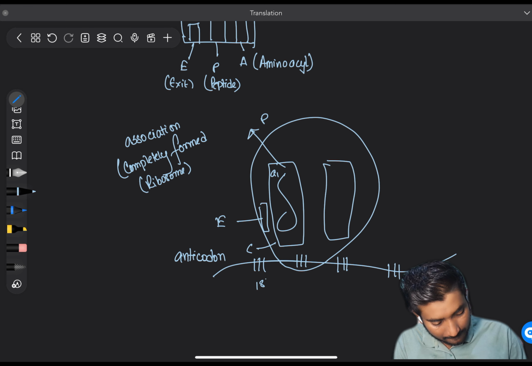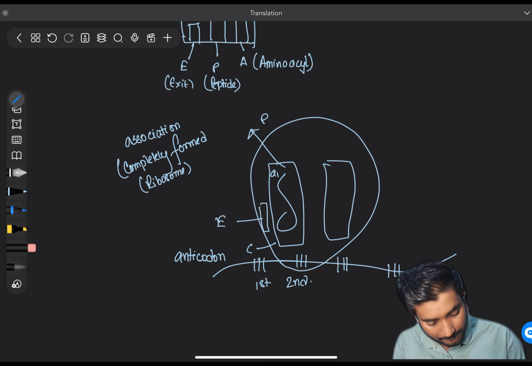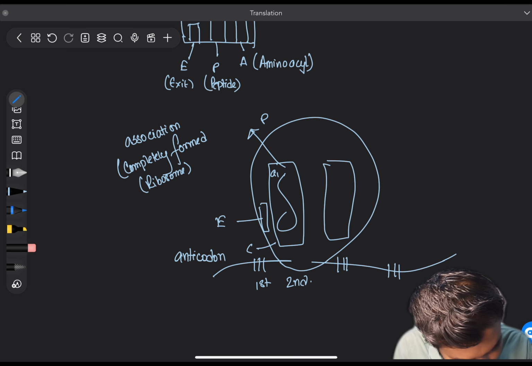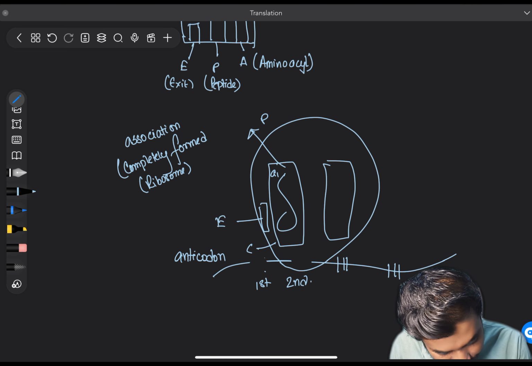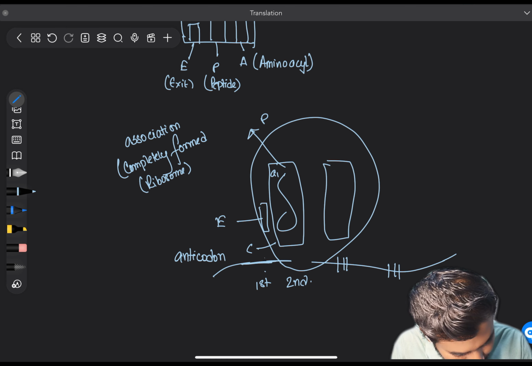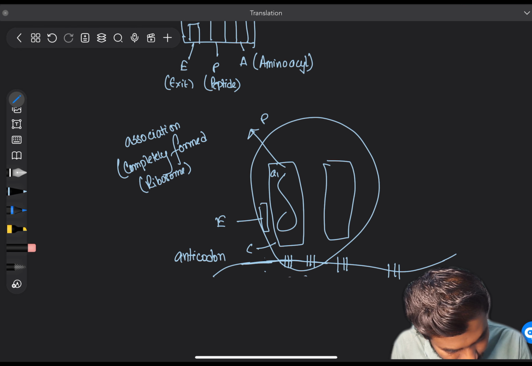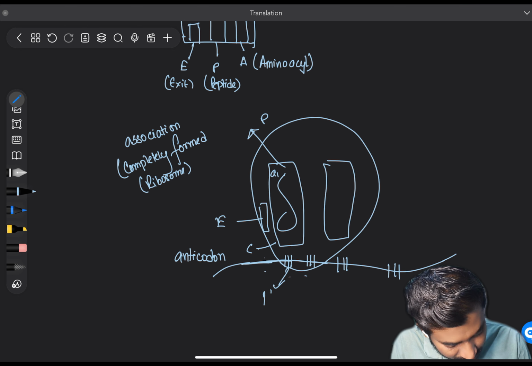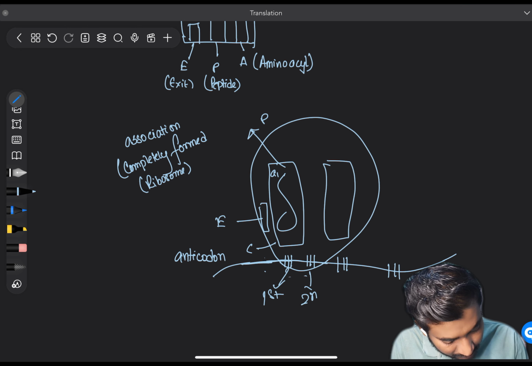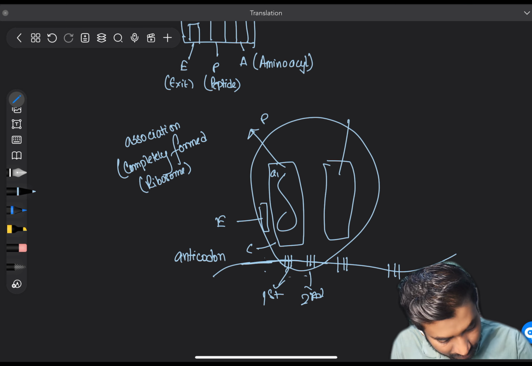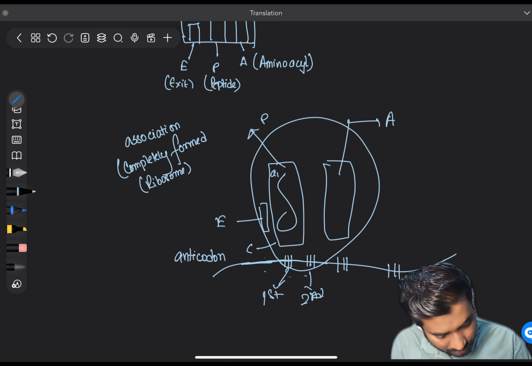This is first, this is second. This is the amino acid.